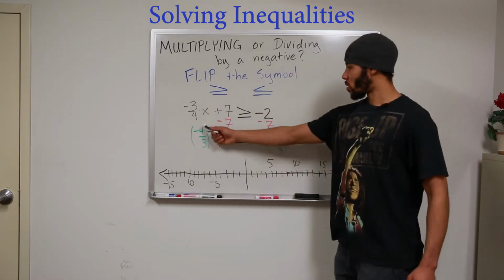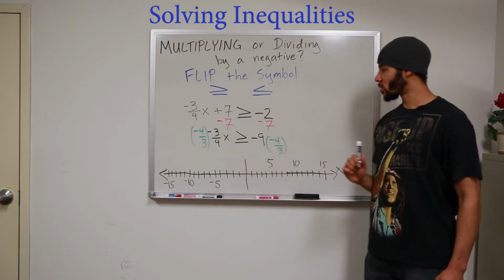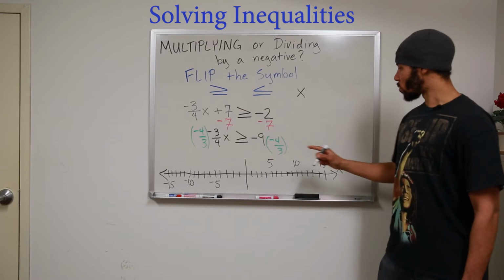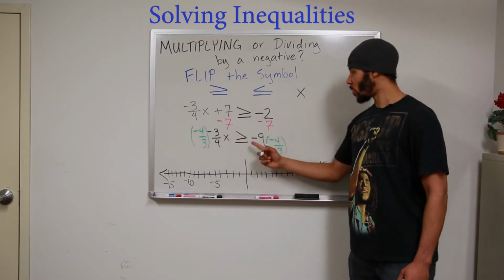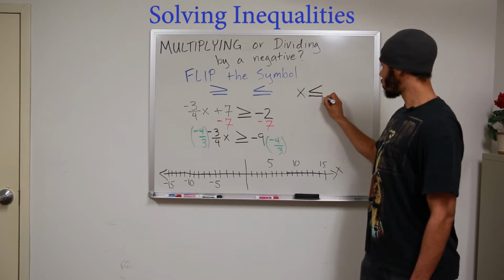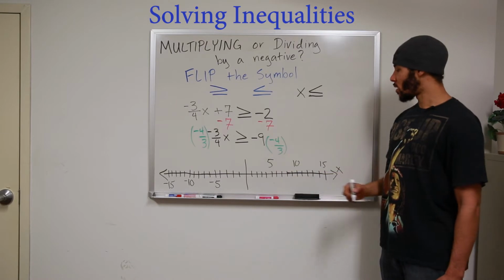We know that this makes 1x. This is going to be positive 12 over positive 12. 12 over 12x is 1x. Since we're multiplying by a negative value, we know we have to change this from greater than to less than or equal to. Now the question is, what is negative 9 times negative 4 over 3?